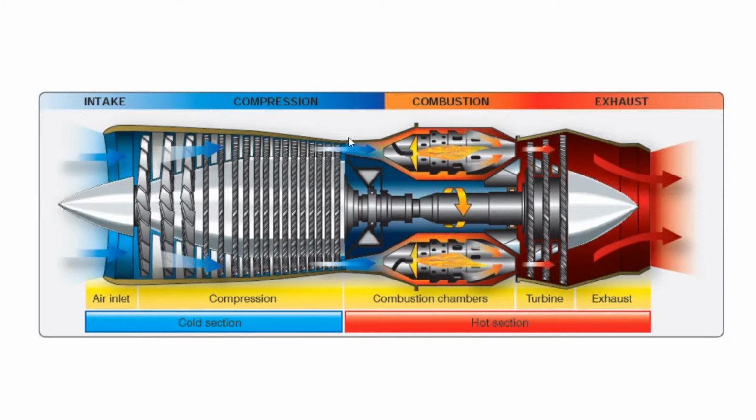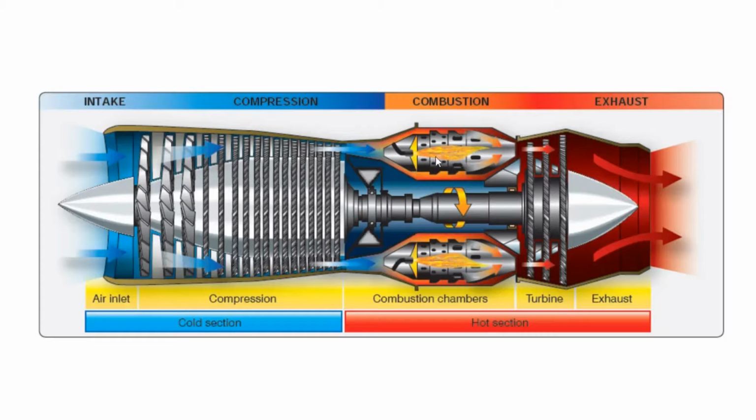This is the cold section where the temperature is less, and this is the hot section where the temperature increases drastically. Here basically what happens is, the air, which is the working fluid, gets sucked in due to the compressor, and it gets compressed, and then it flows into the combustion chamber where the fuel is injected and mixed with the air, and then it ignites to produce very high pressures, and that in turn rotates the turbine.